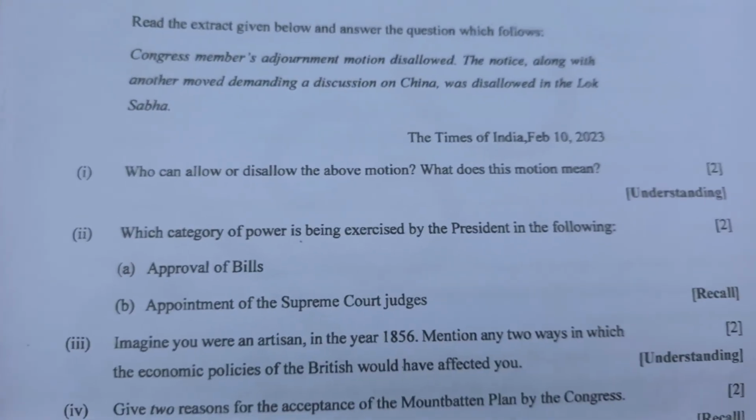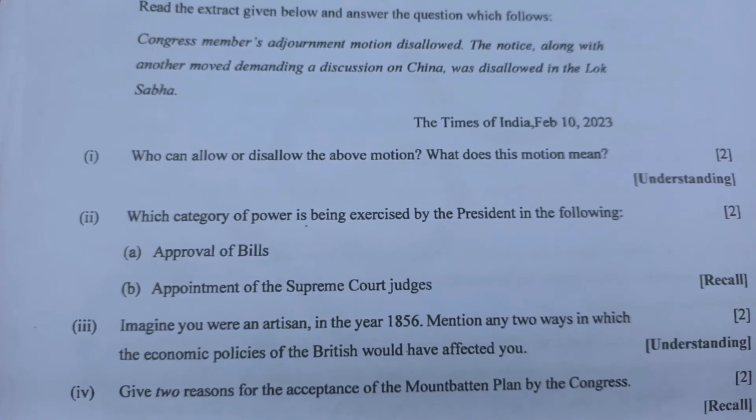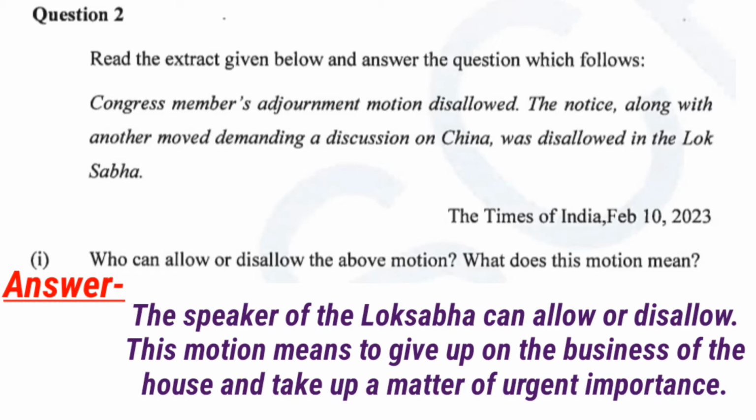So in history you try to write point wise. If you write point wise you get good marks. So here the answer will be the Speaker of the Lok Sabha can allow or disallow. This motion means to give up on the business of the House and take up a matter of urgent importance.